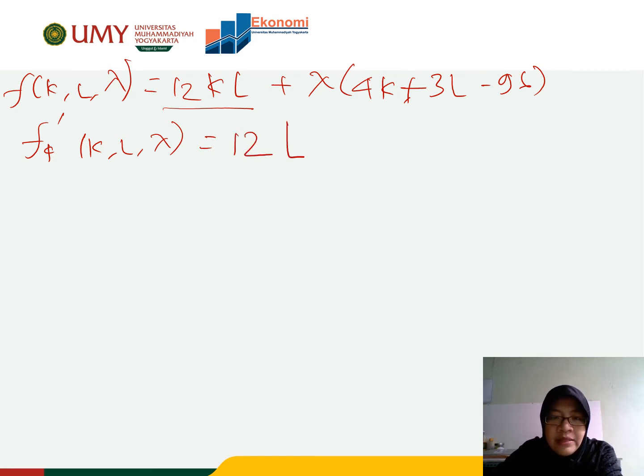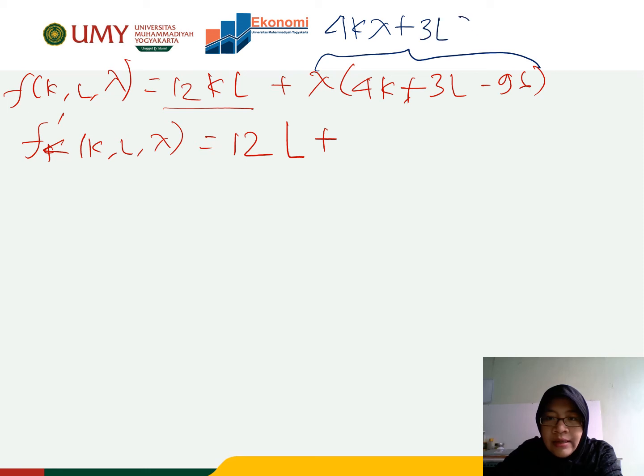The first differentiation of K is 12L, plus, since we already have these equations, I can make it easier. Here is 4K Lagrange plus 3L Lagrange minus 96 Lagrange.